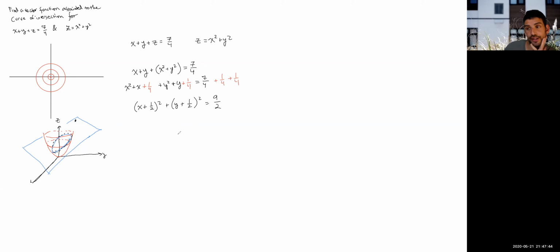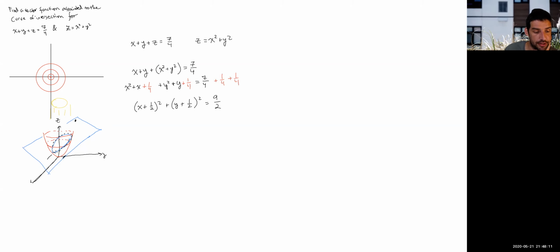Okay, now, is this useful? Well, one thing this tells us is that if I were to take this shape in my little drawing here, if I shined a light from above onto this thing, the shadow this shape would create would be, so my picture's not totally accurate, but the shadow would be a circle whose center I can read from this equation.